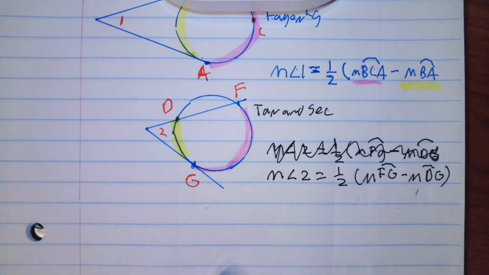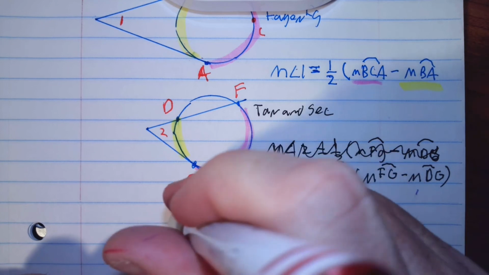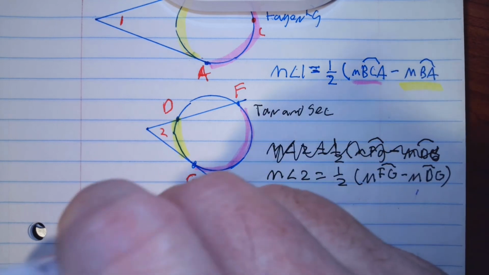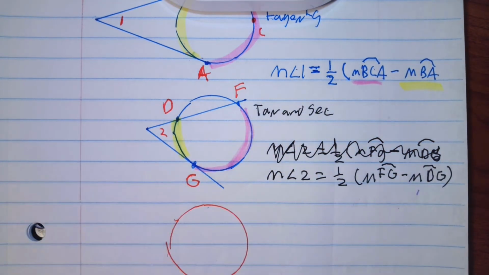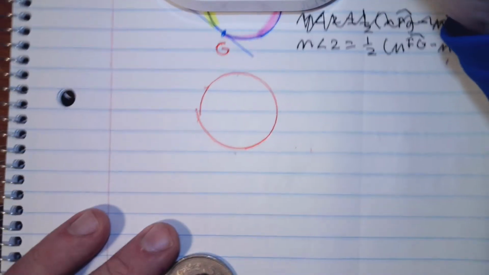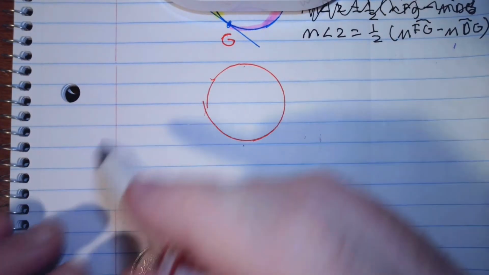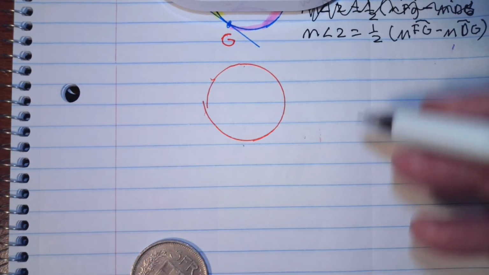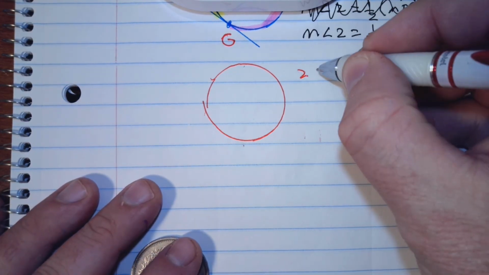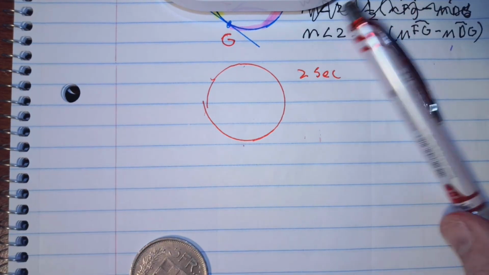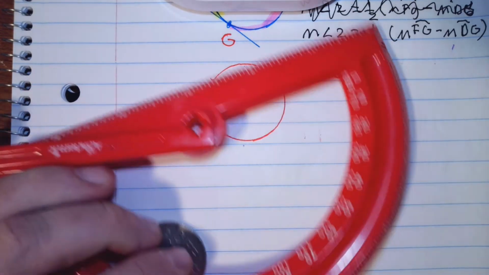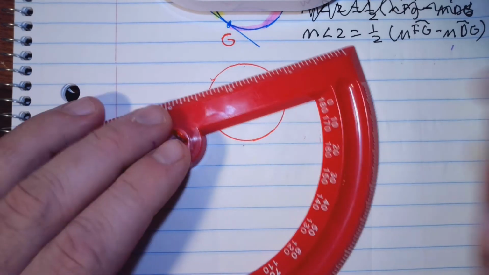We got one more. Apparently I'm changing the color of the circle to red, just to be exciting. Okay, and so this one is going to be 2 secants. So 2 secants. And some of you probably can guess the formula already.